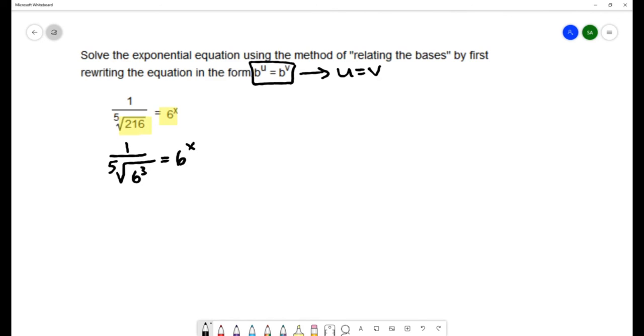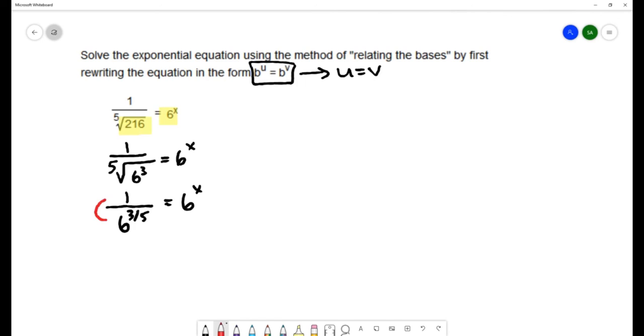One of the properties of radicals is that you can write them as powers. So I can write this 5th root as a 1/5 power. So this is the same thing as 1 over 6 to the 3/5 equals 6 to the x. Now one more property of exponents is with negative exponents. This exponential expression is in the denominator.